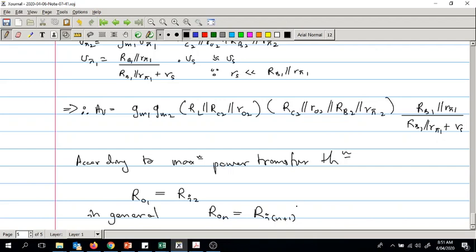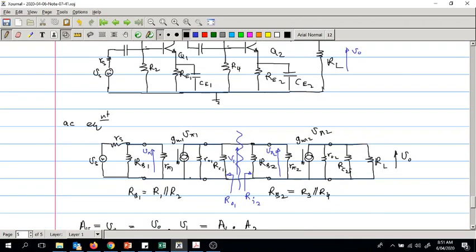That is the criterion that has to be satisfied for maximum power to be transferred from one stage to the other. Impedance matching is required to get the maximum out of cascaded or multi-stage amplifiers.